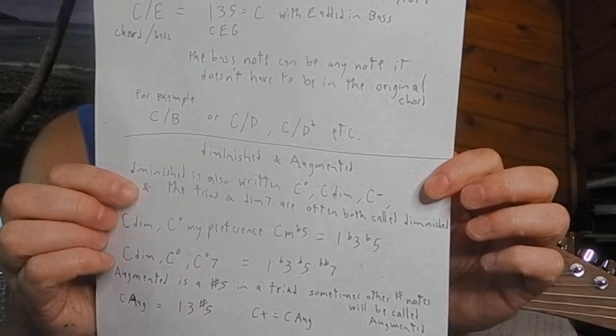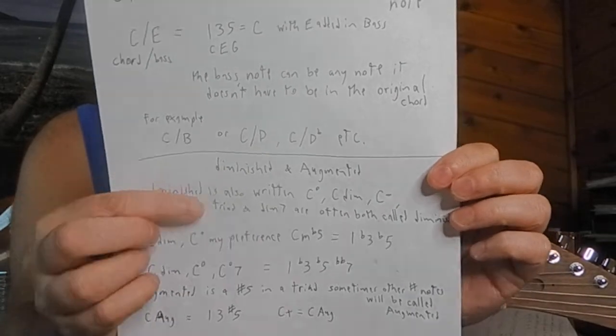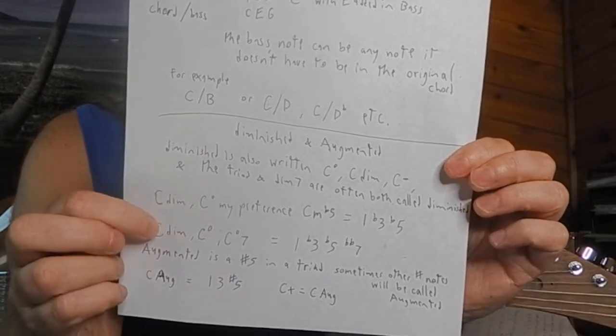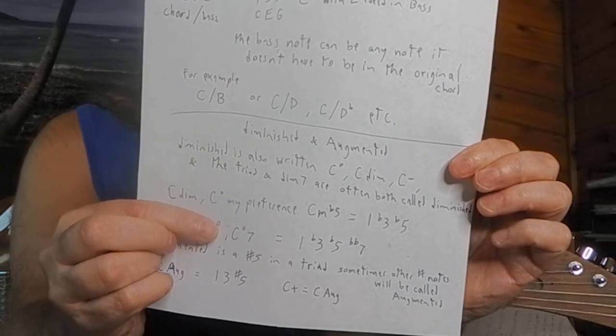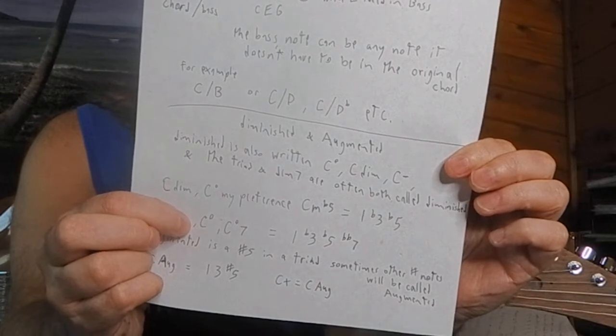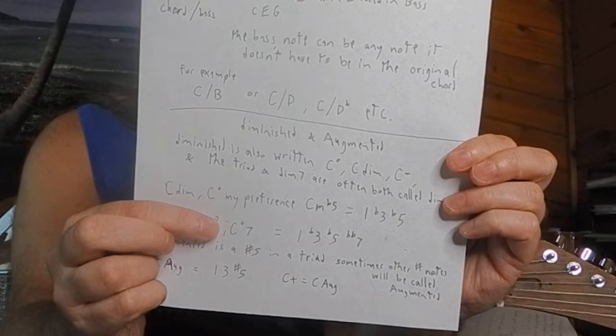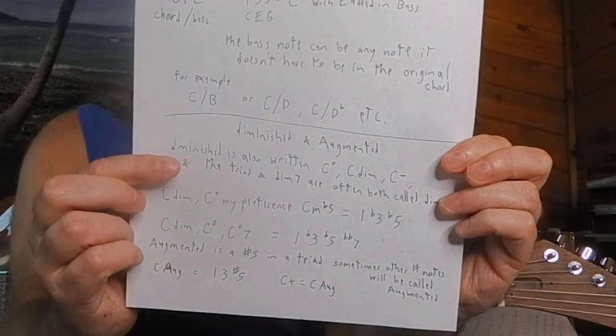I actually have chord books I like which write it without the 7, not a diminished 7 like this, but they write it just like the regular diminished, but they mean the diminished 7. And most of the time, if someone says play a diminished chord, they actually mean a diminished 7. They don't mean a diminished triad.